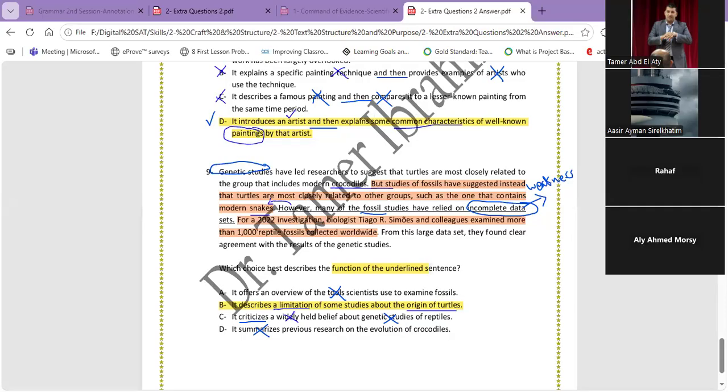I've sent test 5 to the group. And Yasin, I sent it to you, mom.